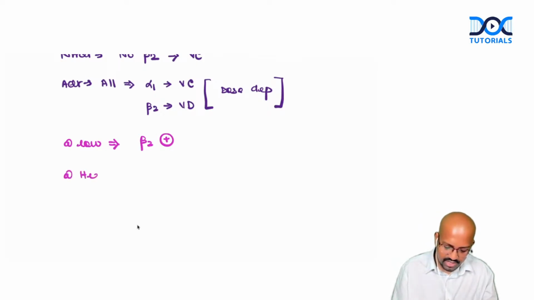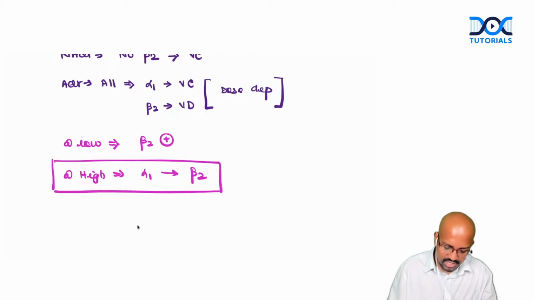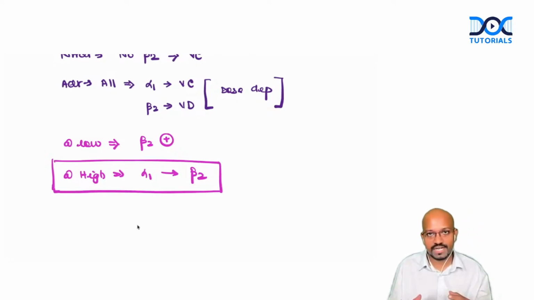Whenever it is given at high doses, there will be alpha 1 followed by beta 2. Is that clear? Whenever it is administered at high doses, or when the concentration just near the blood vessel is very high, there will be initially alpha 1 followed by beta 2 activity.